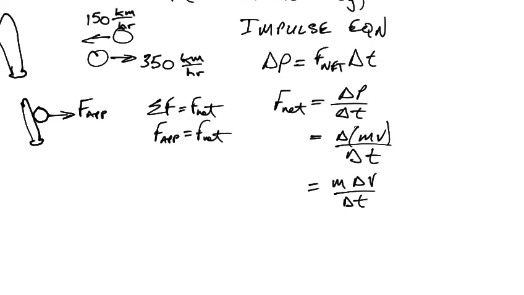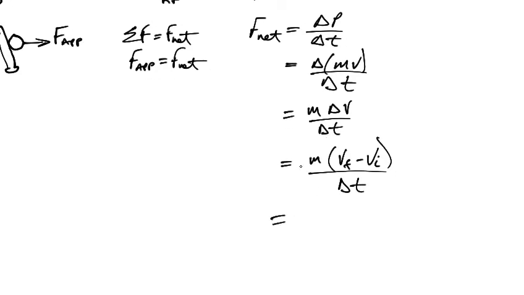And if we were to continue along, then we'd say, all right, well, the mass multiplied by V final minus V initial, which is delta V, over delta T.